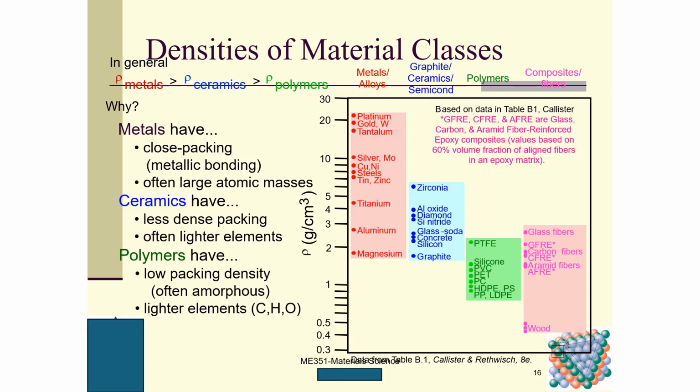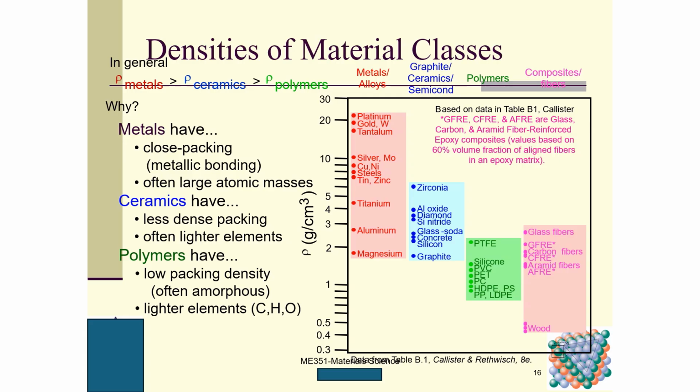They have lower density. The composites have a very wide density range because, as I said, composites are a combination of two or more fundamental materials. So the density of composites depends upon how many fundamental materials you combine together and what they are.